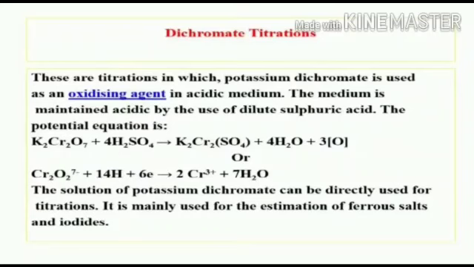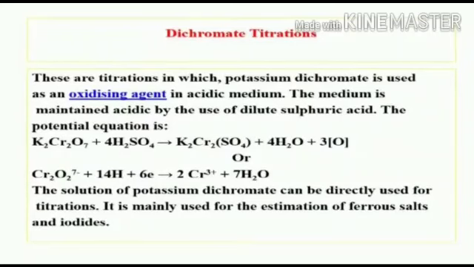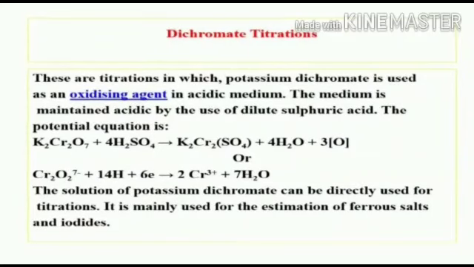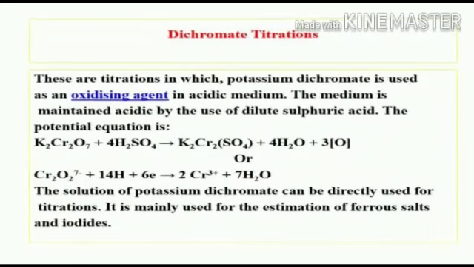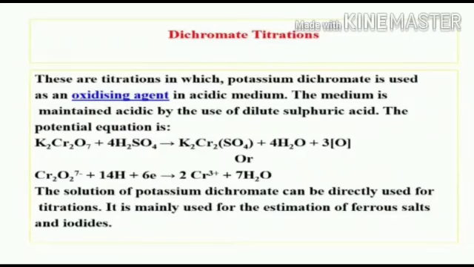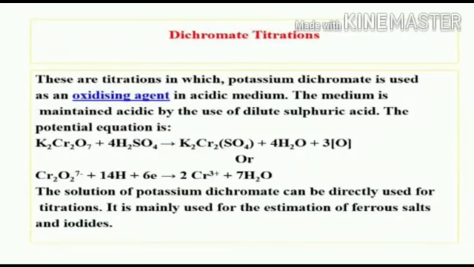Still, dichromate ion oxidizes the indicator diphenylamine after achieving the equivalence point, thereby making an intense blue color. We can use the potassium dichromate in titrations directly. This technique helps in the estimation of ferrous salts and iodides.